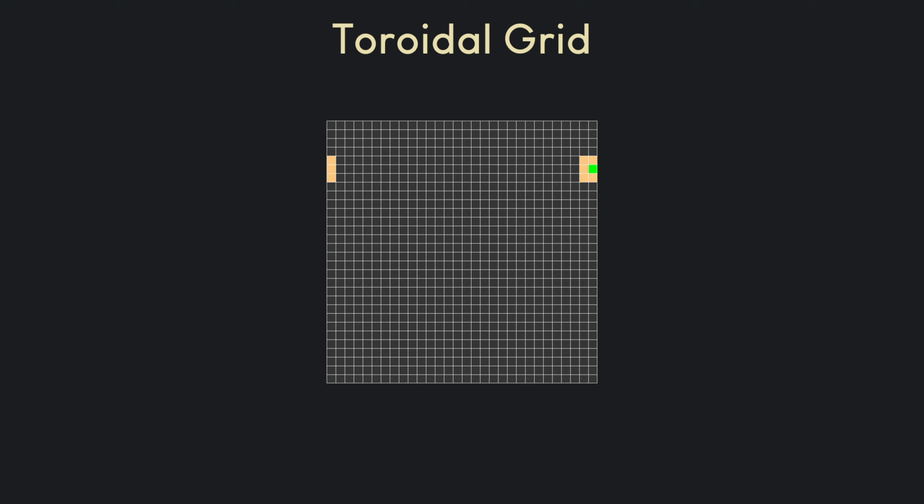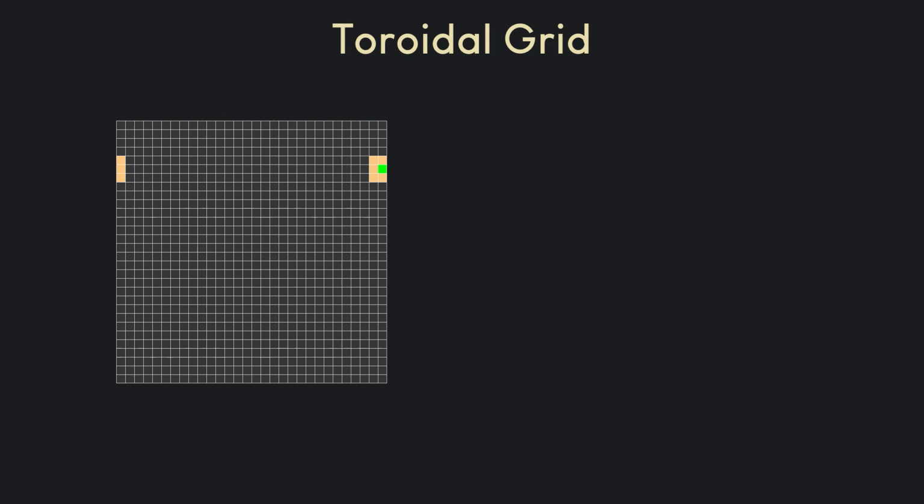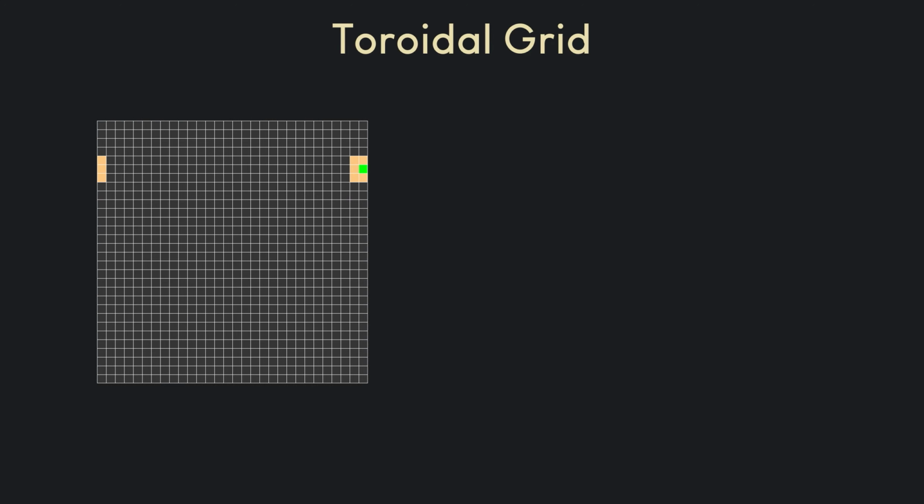Implementing this approach requires adjusting how we calculate the positions of neighboring cells. Instead of directly adding the offsets to the cell's position, we use modular arithmetic to ensure that the result wraps around the grid dimensions appropriately. Take a closer look at a cell positioned at row 6, column 30 in our grid.